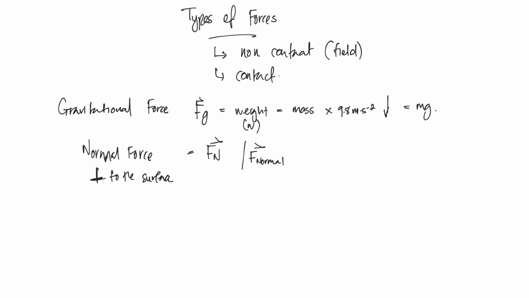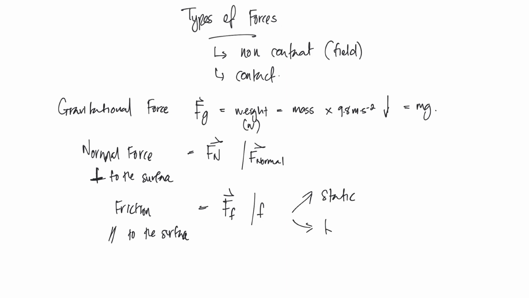Right, the next one we look at is friction, and friction is always parallel to the surface in the opposite direction of motion, and we're going to use force of friction like that, or just simply a little f. Now with friction there are two types. We've got static friction and we've got kinetic friction.